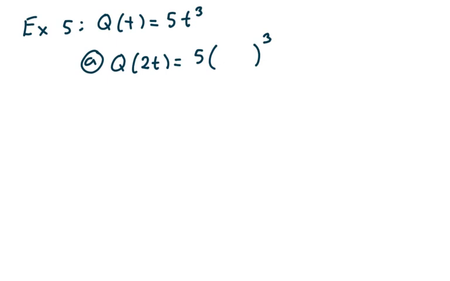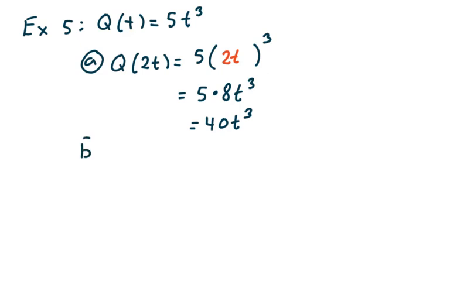And then in those open parentheses, I'm going to put a 2t there. Now, when I cube that out, I get 5 times 2 to the third is 8, t cubed. 2 times 2 is 4, 4 times 2 is 8, right? And then 5 times 8 is 40, and so I get 40t cubed.